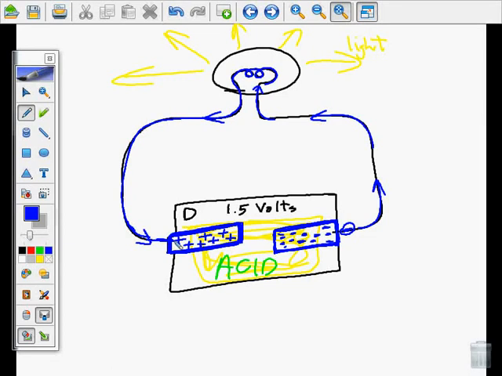Now, let's compare that with this next diagram. See if you can follow me.